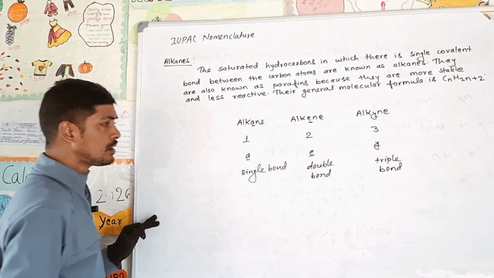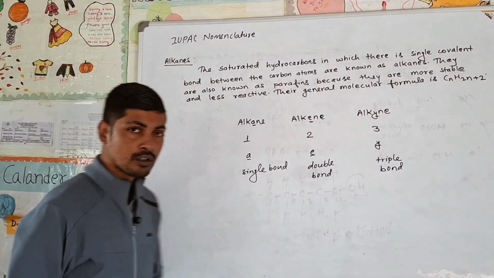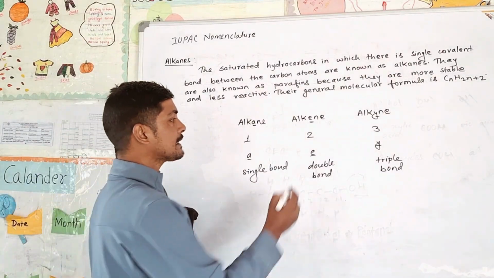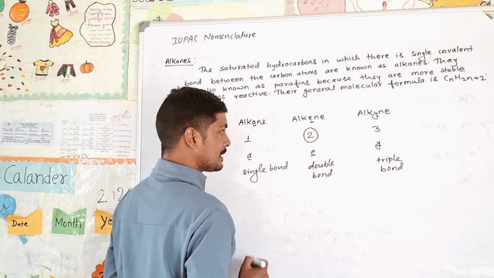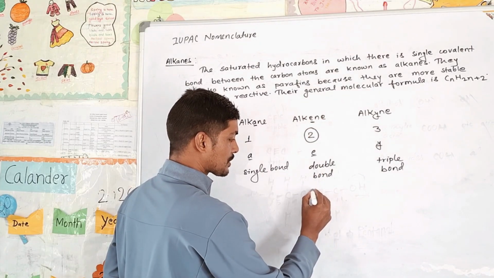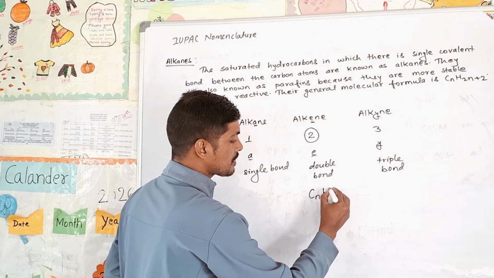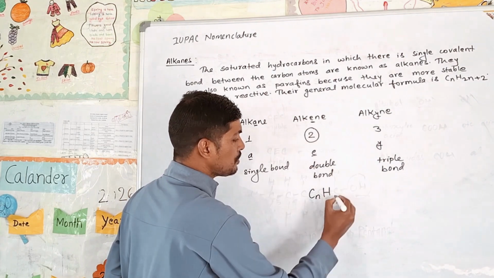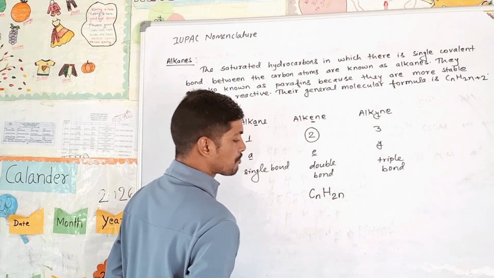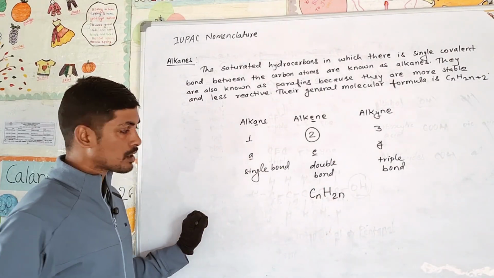Now, how to remember the general molecular formula? First of all, here you see the number 2 is alkene. So write here CnH, here is 2, so 2n. CnH2n. You remember this one.